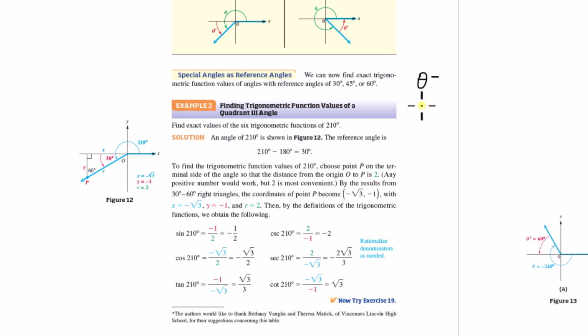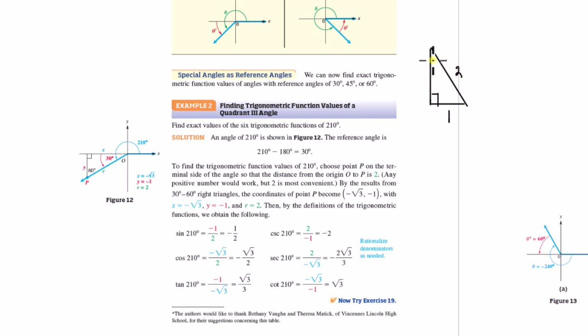But since we were able to apply geometric principles to find these trig function values explicitly, right? So we know 30 degrees.